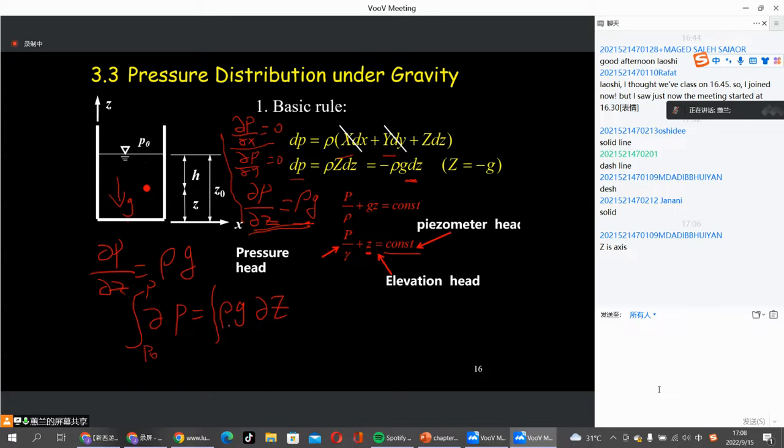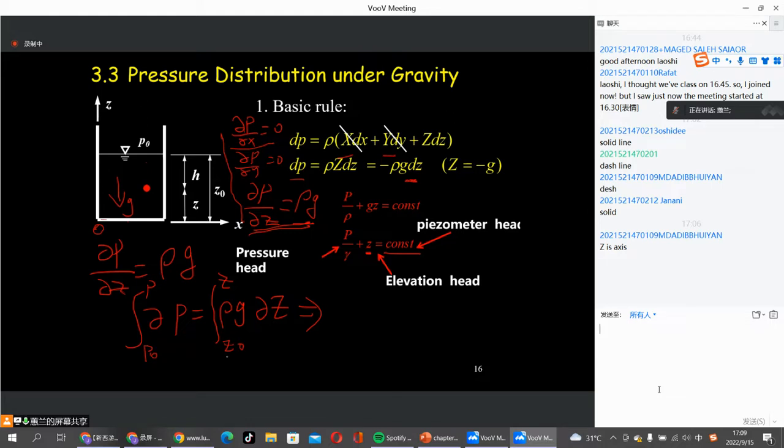If the origin of the coordinate system is at the bottom, this is the origin, then p naught corresponds to z naught, and the reference point is z, right?